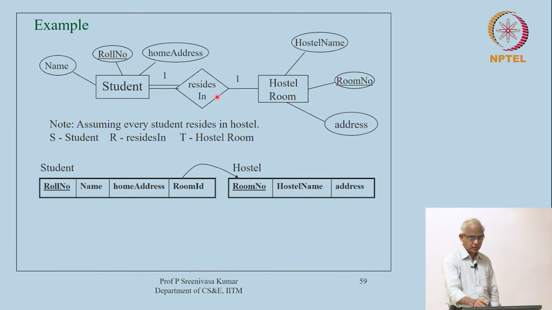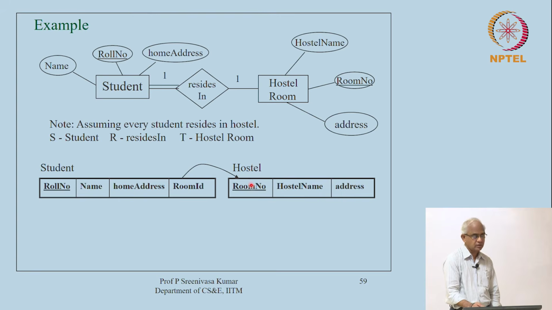Recall it is a one-to-one relationship, so there is exactly one student to which it has been assigned. You could actually augment the hostel room table with a roll number, or student ID, or whatever you can call that attribute, and then make that a foreign key that refers to the student.